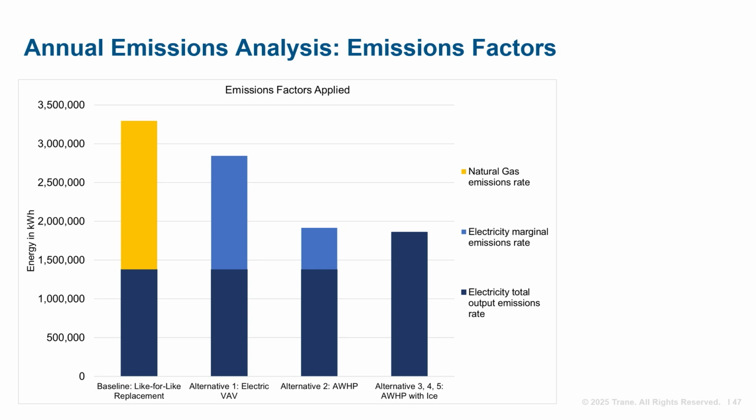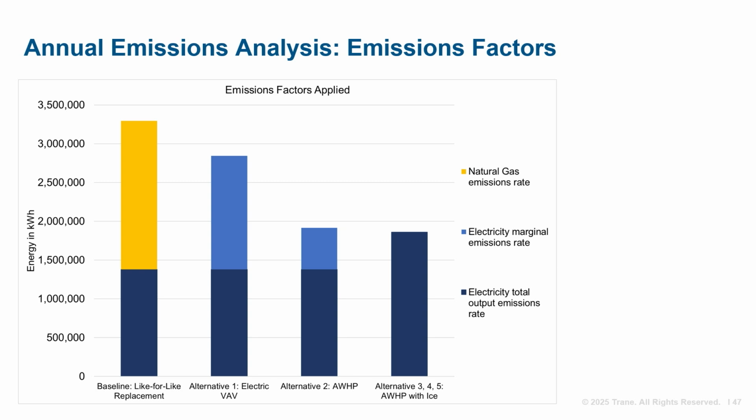For electricity, we need to use some of the concepts we discussed in the first part of this ENL. The baseline electricity is what the grid has historically seen, so we'll use the total output emissions rate. However, the additional electricity consumption in excess of the baseline amount is new load on the grid, and therefore much more likely to contribute to a need for non-baseload resources during peaks. So for this additional consumption, we'll use the non-baseload or marginal emissions factor.